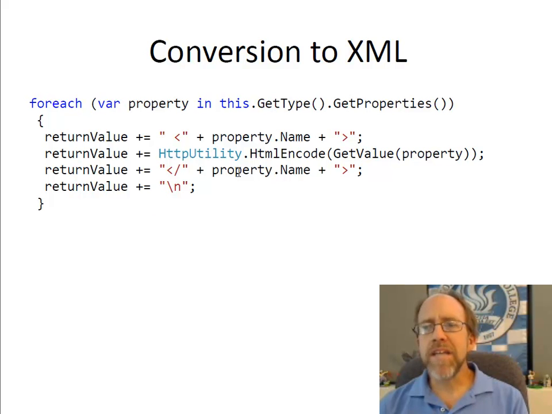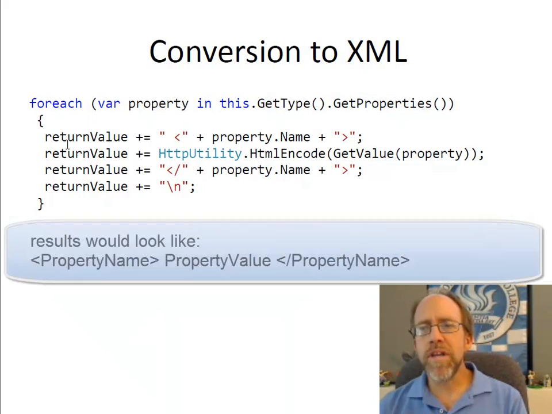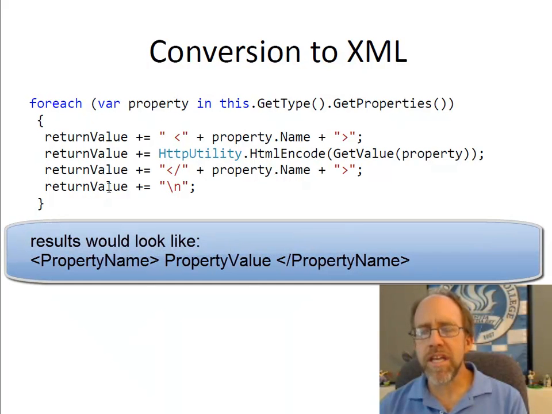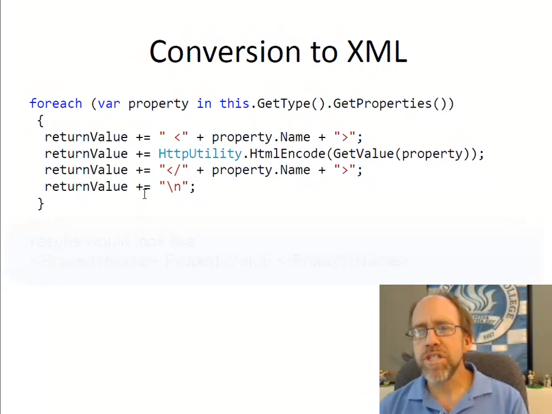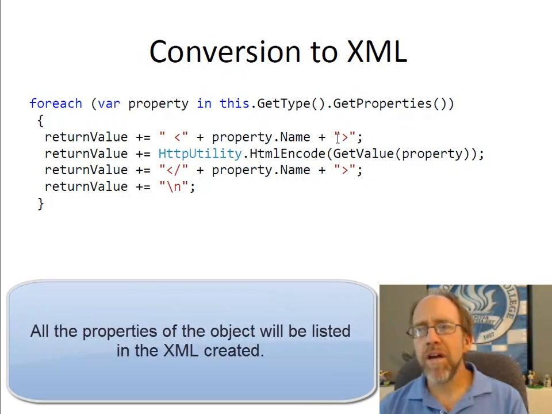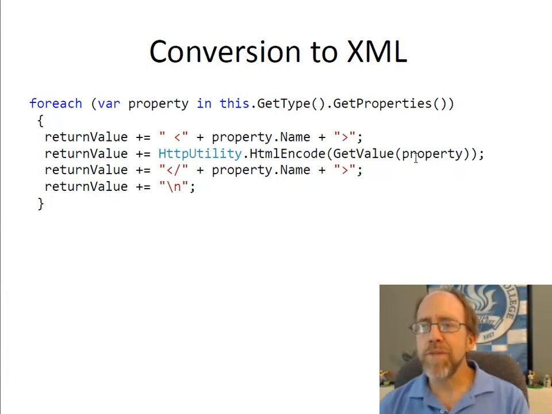Then, coming back to that original method, I simply take that, and it's all converted to XML. That return value is simply a string of all the properties put together. The property name is the name of the XML element, and the value is the value inside of the XML element.